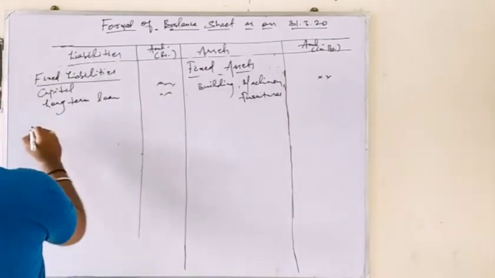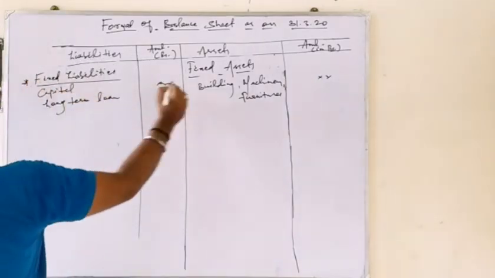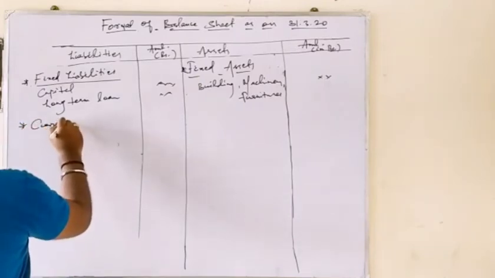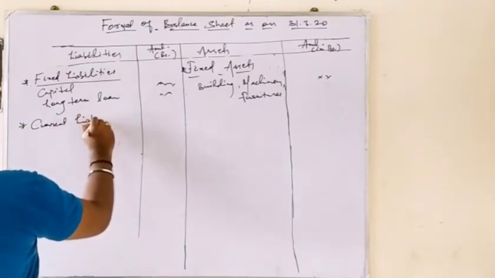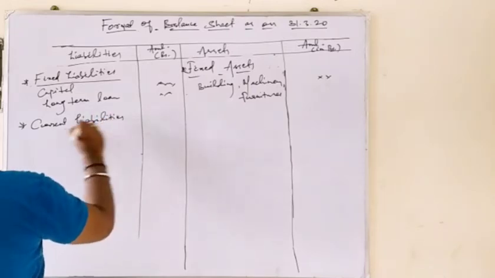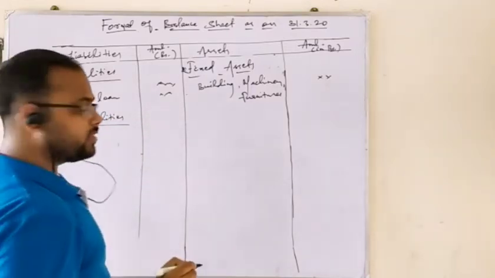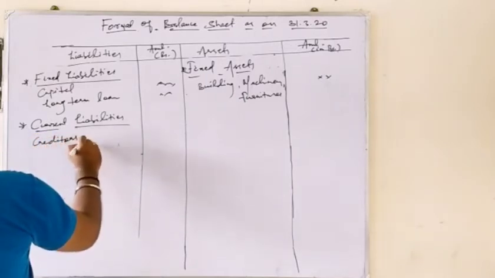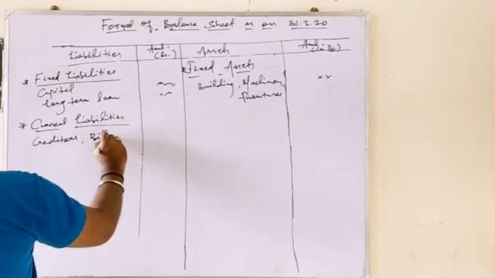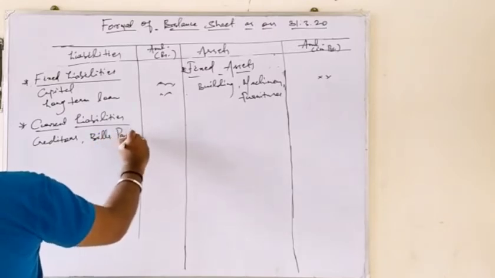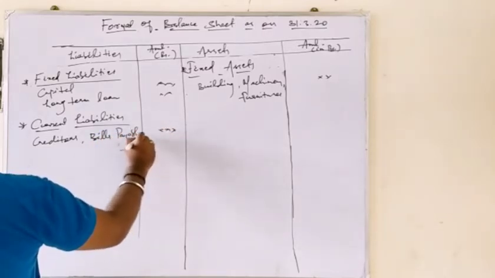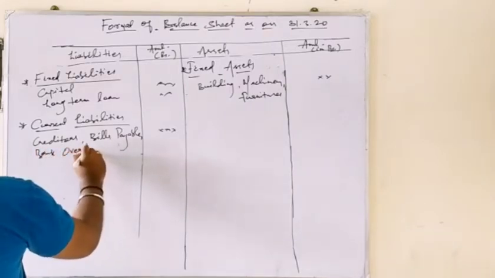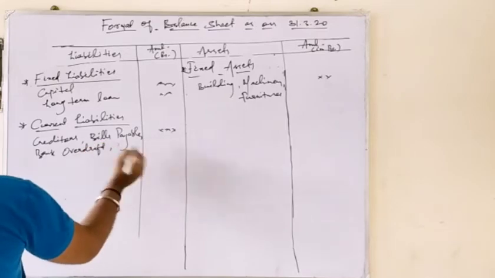Okay, then you are writing here current liabilities. Under current liabilities, you write here creditors, bills payable, bank overdraft, money lenders, etc.